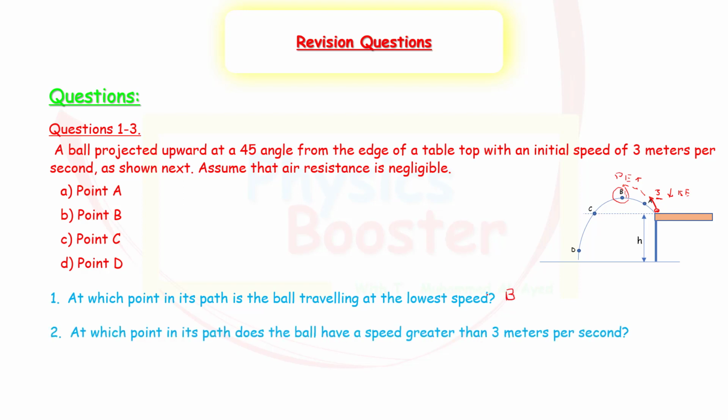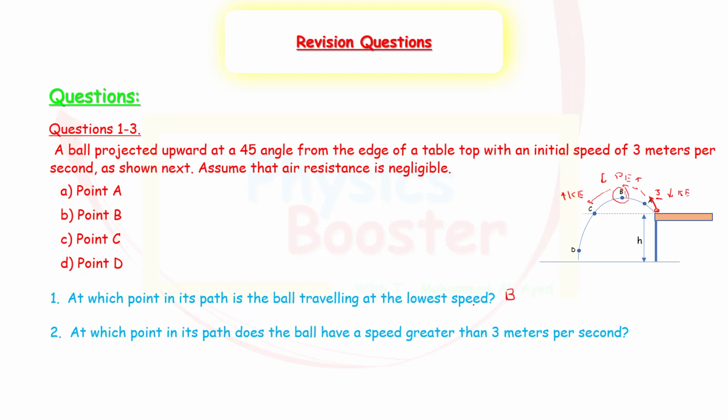Now question 2. At which point in this path does the ball have a speed greater than 3 meters per second? Well, we know that 3 meters per second was the speed of the ball when it left the table. As it's going up, its speed is decreasing, but as it's going down, the speed is increasing again, because the potential energy is becoming lower and there is more kinetic energy the farther the ball goes down.